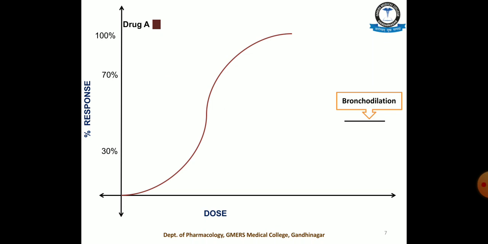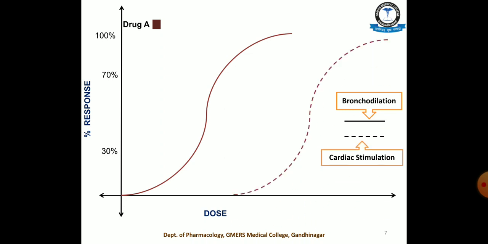If the drug A produces, say for example, effect X, then there is a dose response curve for that effect. If the drug produces some another effect, then there can be a dose response curve of that effect, and these are different. Okay, so here the drug A, it is an anti-asthmatic drug. So obviously we require a beneficial effect, that is bronchodilation, and this is the dose response curve for bronchodilation of drug A.